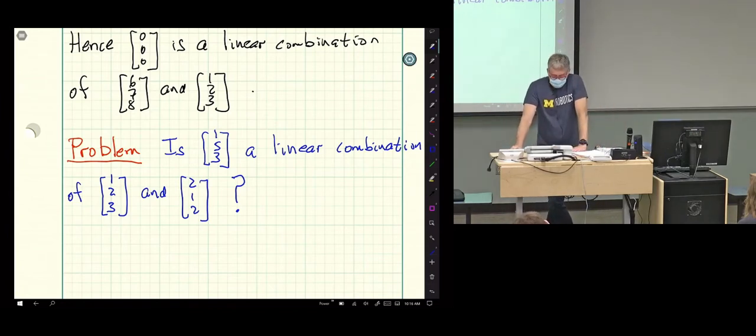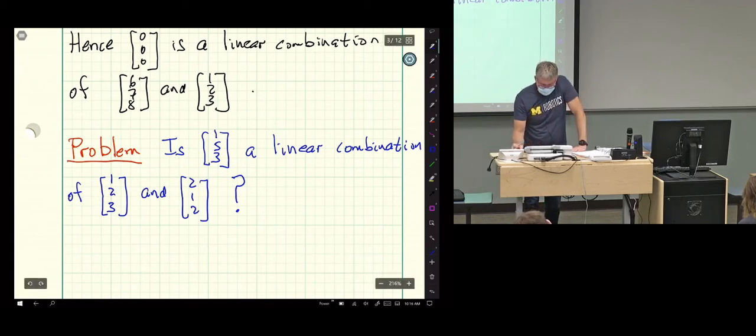So let's see if we can figure out what this question means and then relate it to solving linear equations. Okay, I want to know if I can write 1, 5, 3 as a linear combination of the vectors 1, 2, 3 and 2, 1, 2.